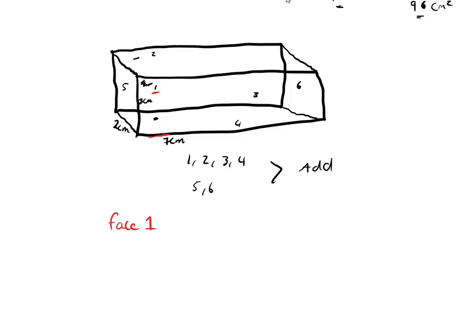Face 1, length 7 centimeters, and then its width, which is this line here, is 8 centimeters. Now face 2, its length is also 7 centimeters, but its width is 2 centimeters, which is this line here.